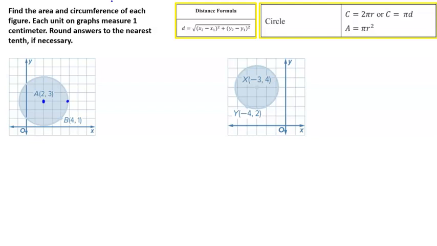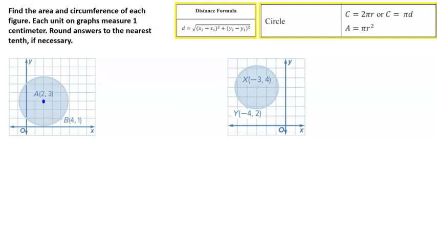And the radius would be the same all the way around because a circle is the set of all points equidistant from the center. So sometimes it's really easy to kind of count the radius, but notice that the radius is not going all the way to that corner, and so it's 2 something, it's not quite 3.